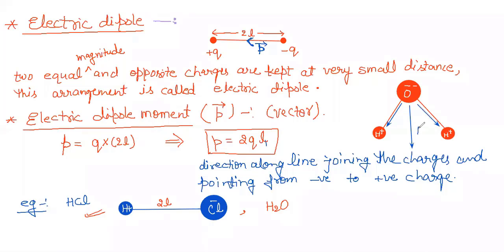This is the net electric dipole moment. In the HCl molecule, the direction of the dipole will be minus to plus along this direction.